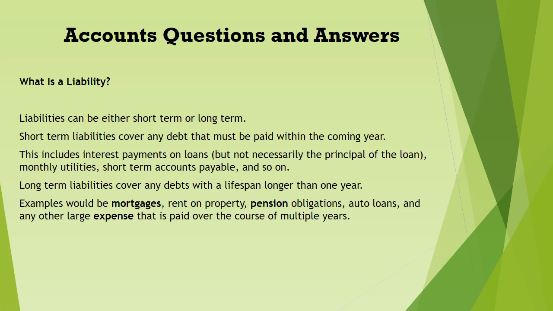That means more than 1 year, whatever is coming, that is for the liabilities. Examples are mortgage, rent on property, pensions, auto loan, and other examples that are paid over the course of multiple years. Whatever we are going to pay over multiple years is a long-term liability.